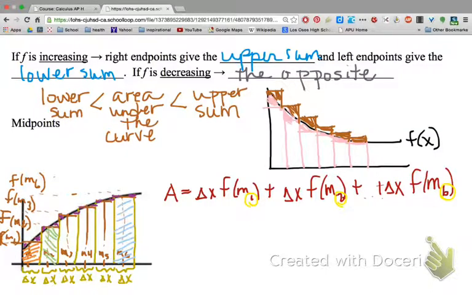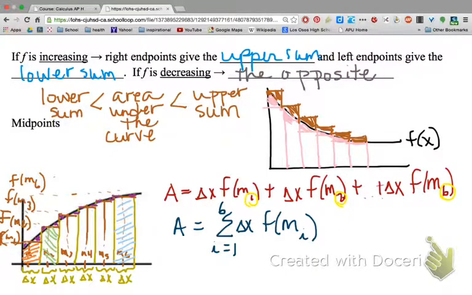So I could write that area is the summation. Remember, delta x can either go out in front or after the sigma. It doesn't matter. And I like to start at i equals 1 if I can. Looks like I did start at 1 and I ended at 6.